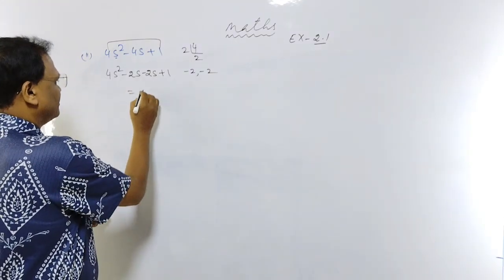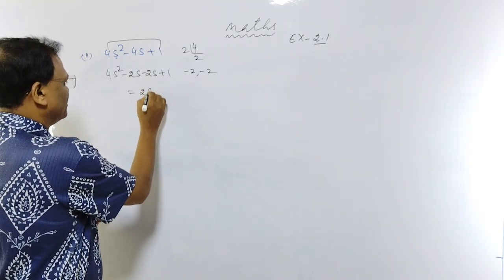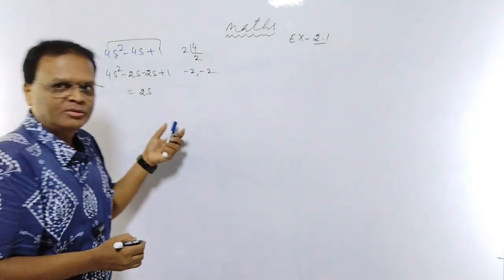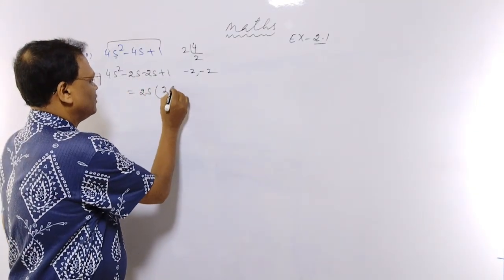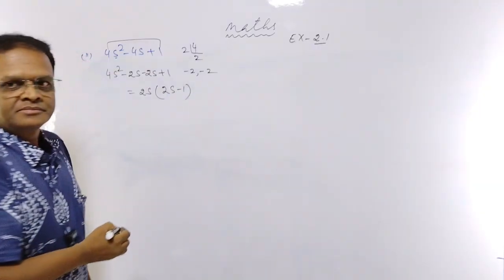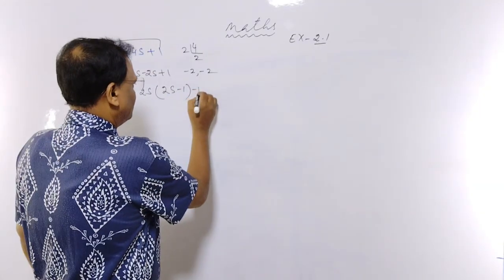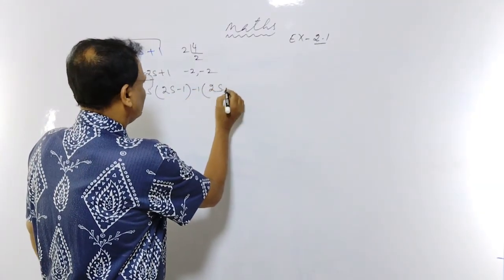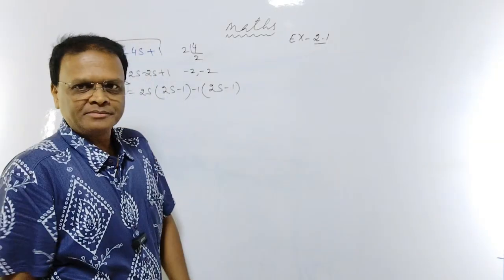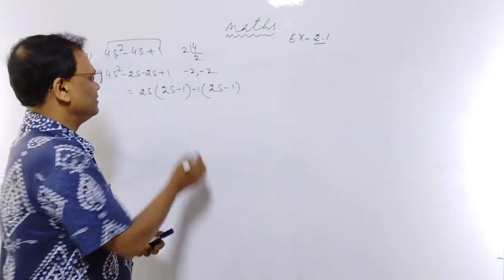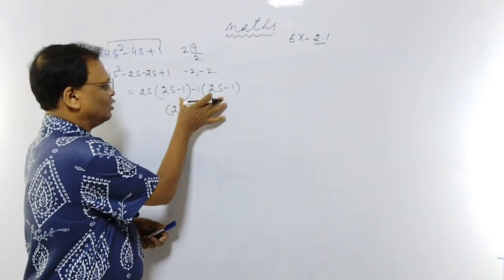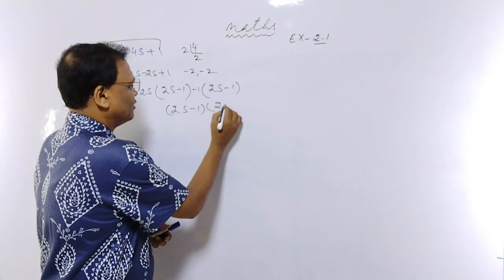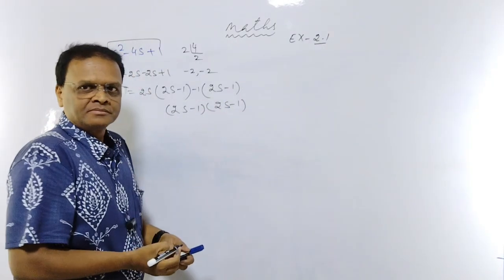If I take the common 2s, can I take the common 2s? Yes, from here I can take the common 2s minus 1. And from here, minus 1 if I take out, again 2s minus 1. This gives me 2s minus 1, which is common to both, again 2s minus 1.